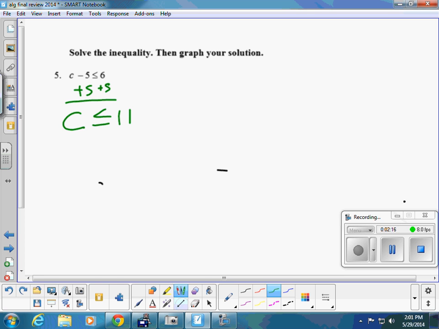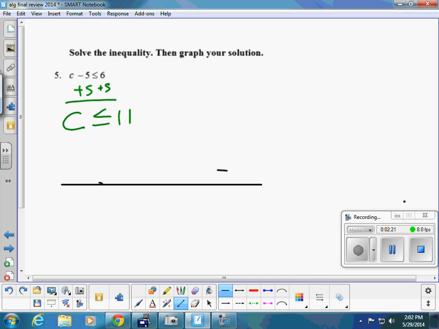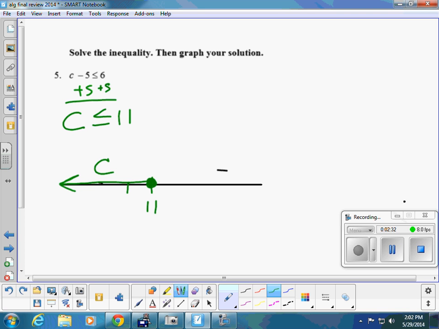As we had the number line drawn just now, you're going to draw your number line, put an 11 in the middle, and put a solid circle there, and you're going to go to the left because it's less than, and C is going to be over here, and you can add numbers to show that C is less than, and over here would be greater than on the number line.